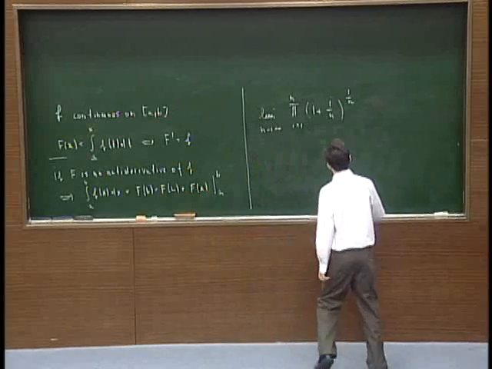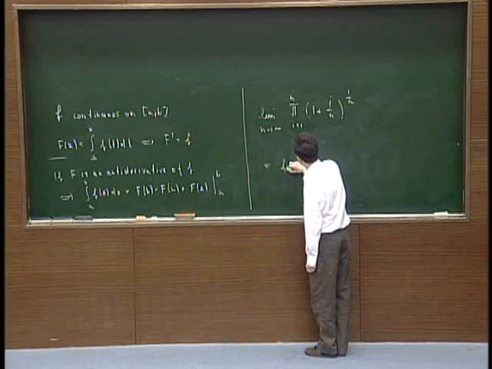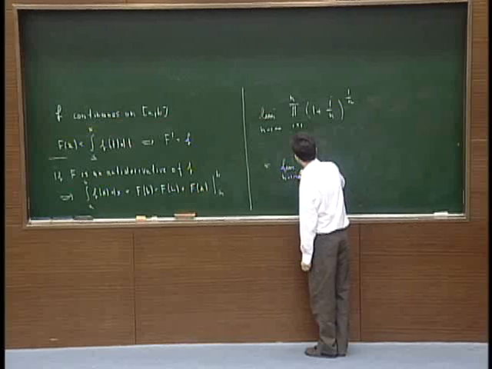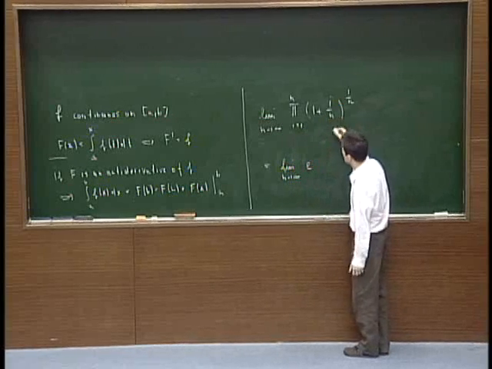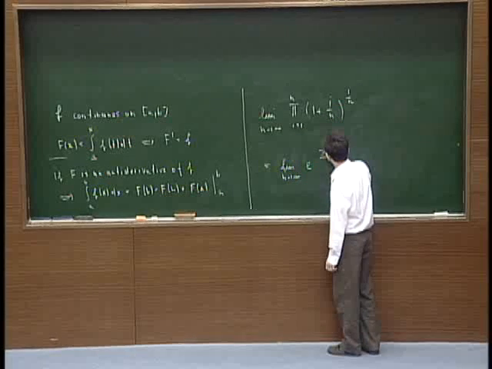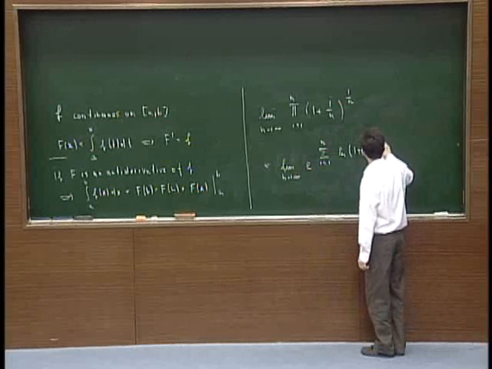So the only idea you need is, you write e to the. You have a limit, n tends to infinity, e to the ln of this, but the ln becomes a sum. So you have sum i from 1 to n, ln of 1 plus i over n, times 1 over n.